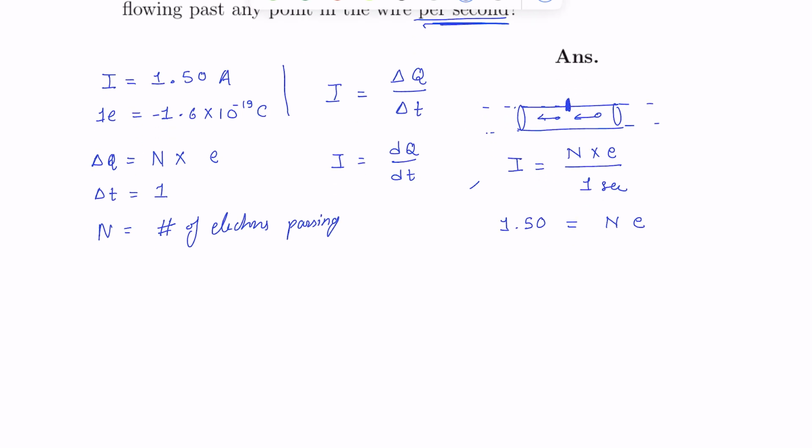To get that answer, I divide both sides by e, so I get n equals 1.50 divided by 1.6 times 10 to the minus 19 coulombs.